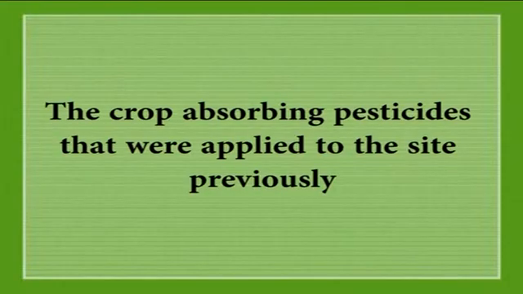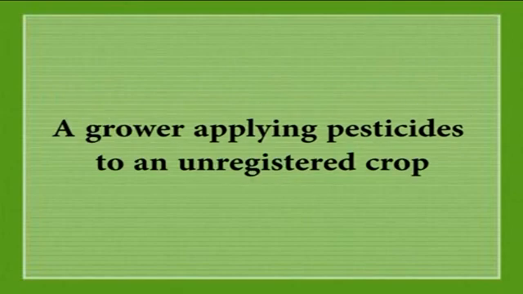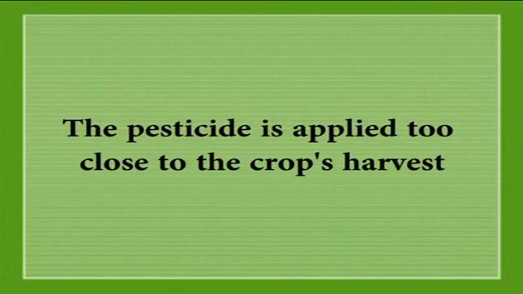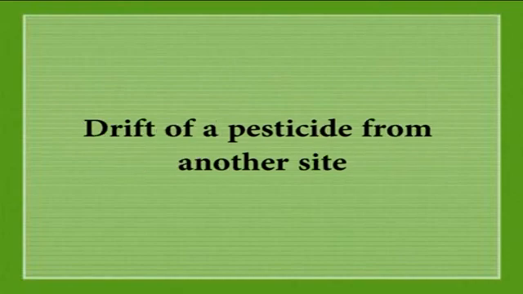Occasionally, pesticides can be erroneously present due to the crop absorbing pesticides that were applied to the site previously, a grower applying pesticides to an unregistered crop, a grower applying a rate of pesticide that exceeds the label recommendations, the pesticide being applied too close to the crop's harvest, or drift of a pesticide from another site.